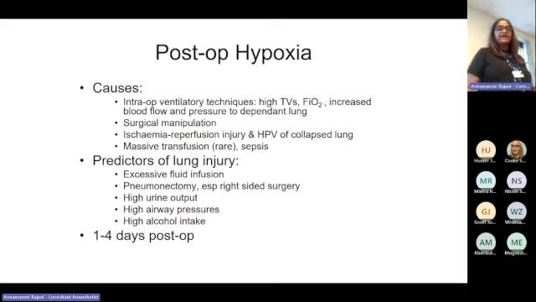So as we've said, the causes for post-op hypoxia could be surgical manipulations, because they're moving around, they're releasing quite a lot of inflammatory mediators, and that causes quite a lot of vasodilation in that bit of the lung. And there is something called hypoxic pulmonary vasoconstriction, which you non-anesthetic trainees would not really be very familiar with.